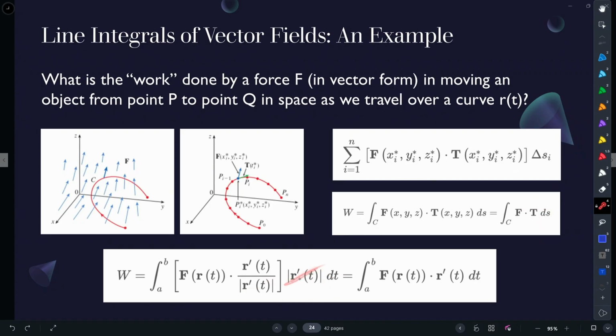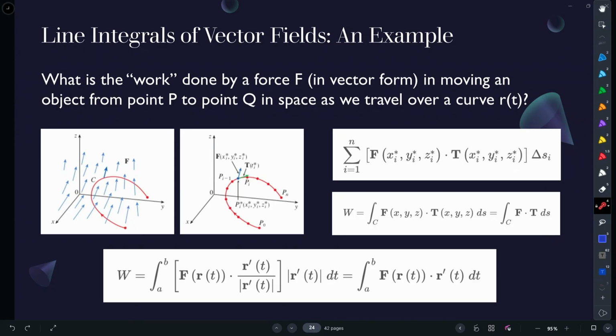So these two actually cancel out, and you get a pretty easy formula, which is the vector field evaluated at points in the path, dot the derivative of the position vector. You can see already that this very much looks like a u substitution, except that the thing inside is a vector.